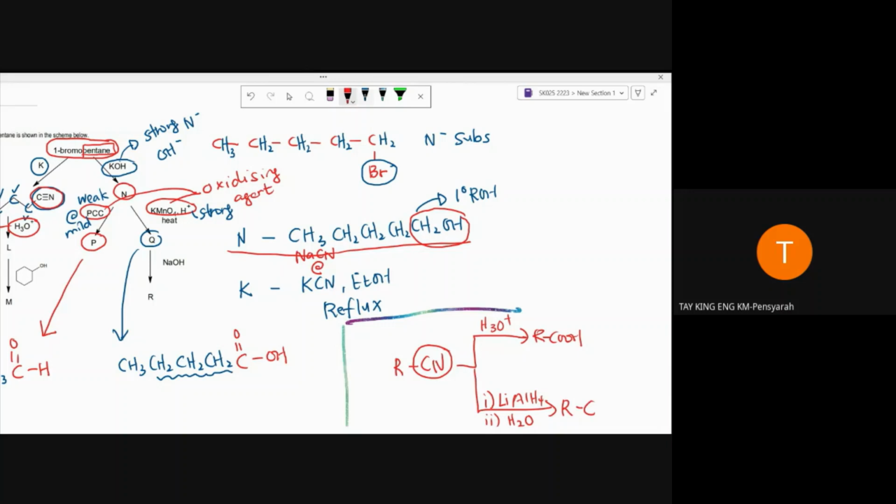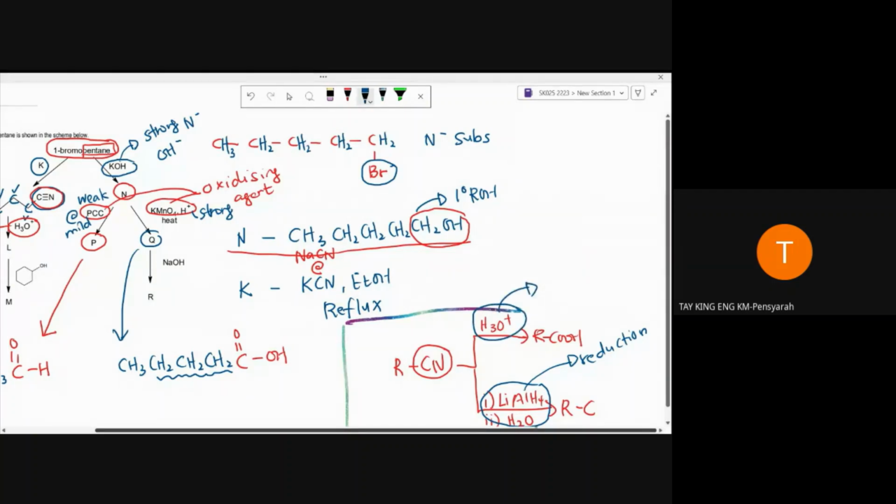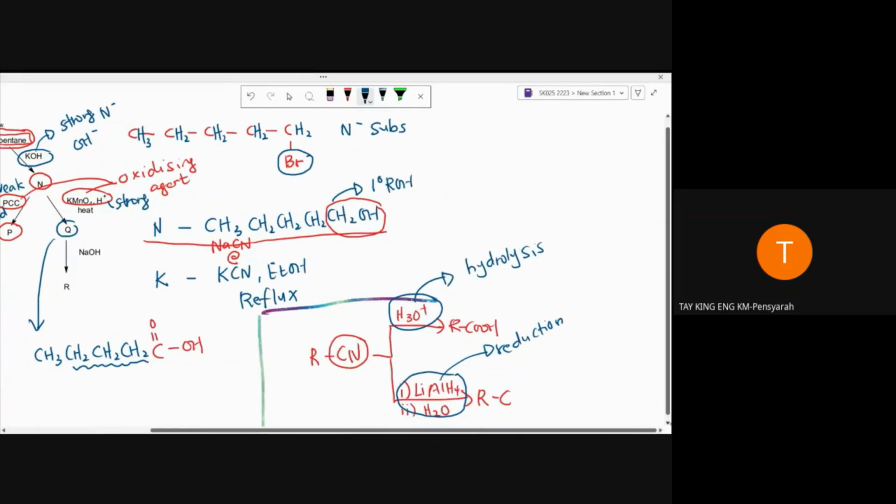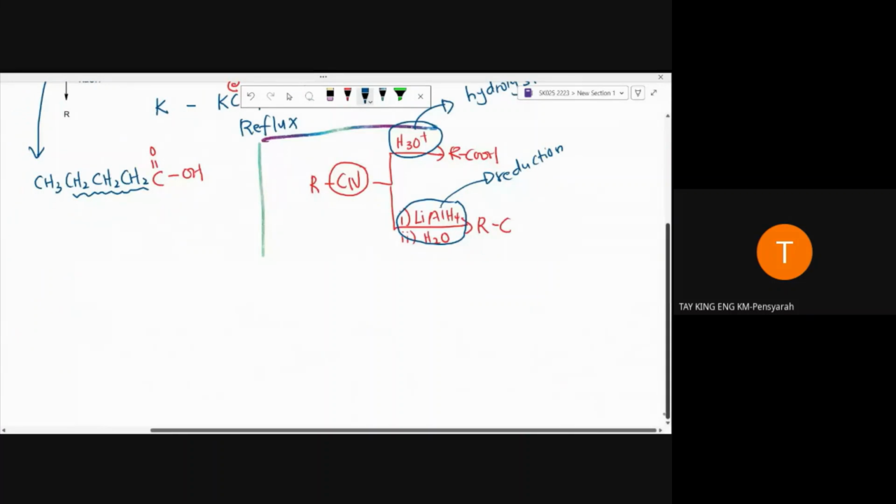So again, jumpa this one reagent ini basically kita faham dia adalah reduction. Agent ini kita akan kenal sebagai reducing agent. Nampak H3O+, so roughly we have the idea it will be considered as a hydrolysis process. Okay, so kalau nitrile undergo reduction, so you akan jadi CH2 and then N maintain tambah balik H2.